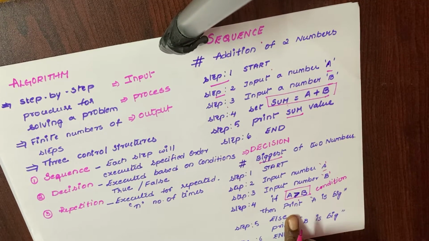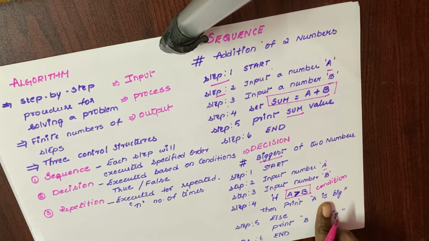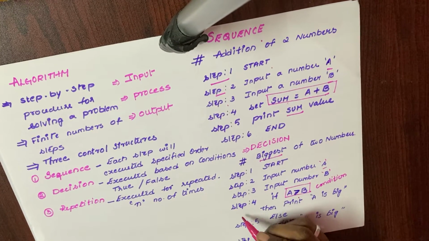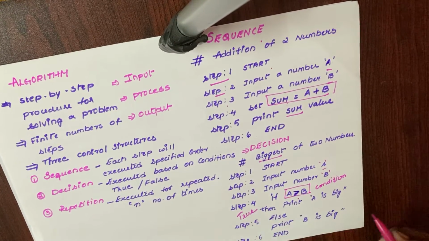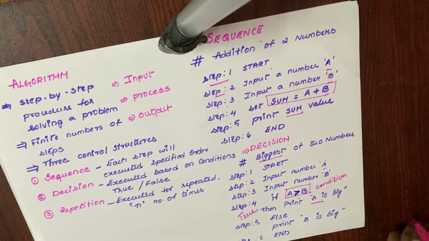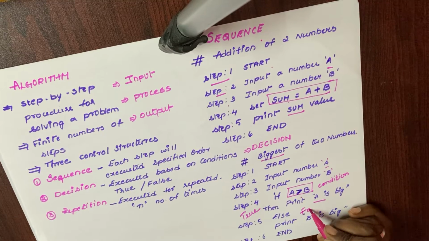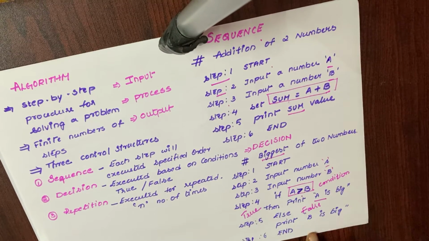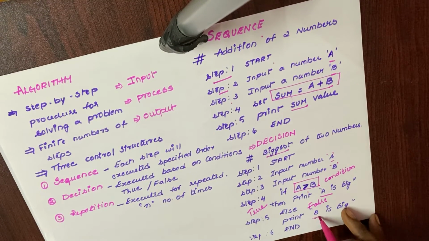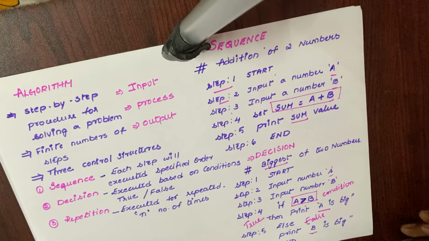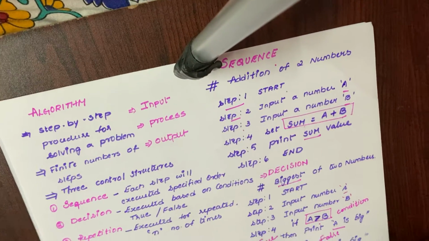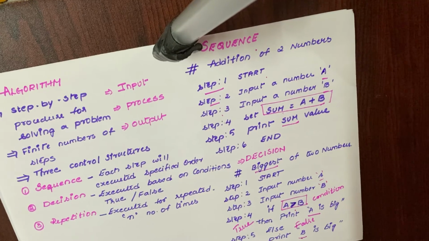If A is greater than B and it is true, we are going to get an output as A is big. If this condition is false, then we are going to print B is big. So this is about how we write decision statements.